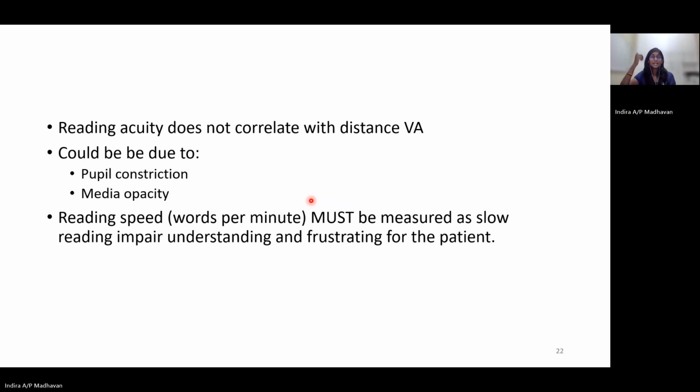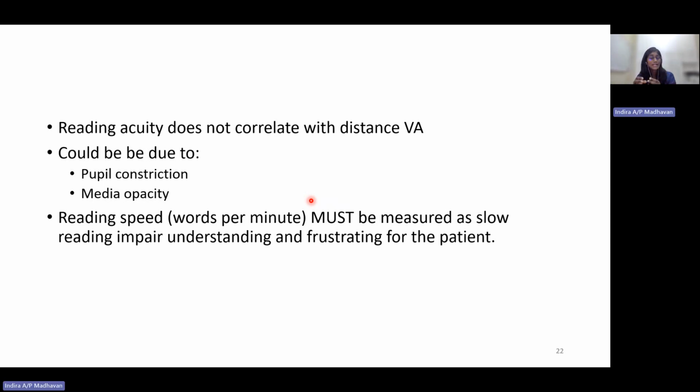But in reality, the reading speed might actually be very, very slow with the magnifier. After we prescribe it, they bring it back home and try it, and only then will they face the reality that, oh, I'm reading word by word. Every time I read one word, I have to move to the next word. This is very tiring and frustrating.